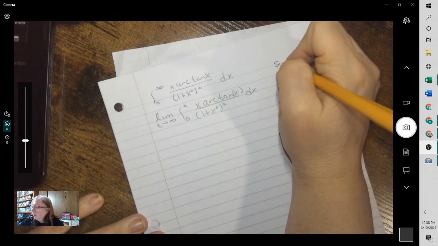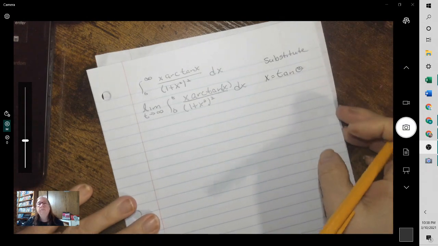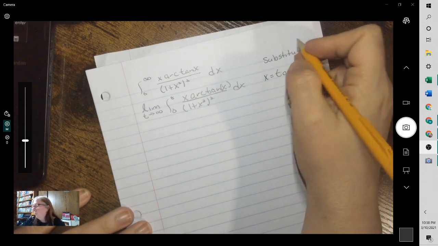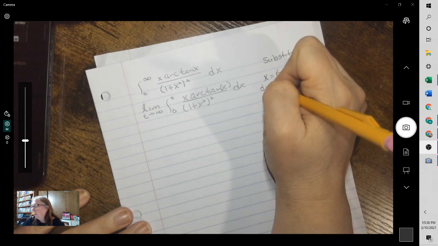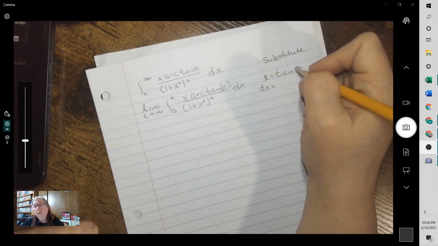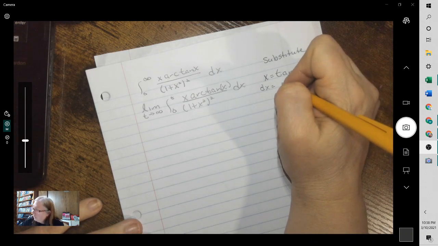So we'll substitute. Well, when you're substituting, remember you take the derivative, and x is 1 dx. And tangent, does anyone remember the derivative of tangent? Tangent is secant squared.